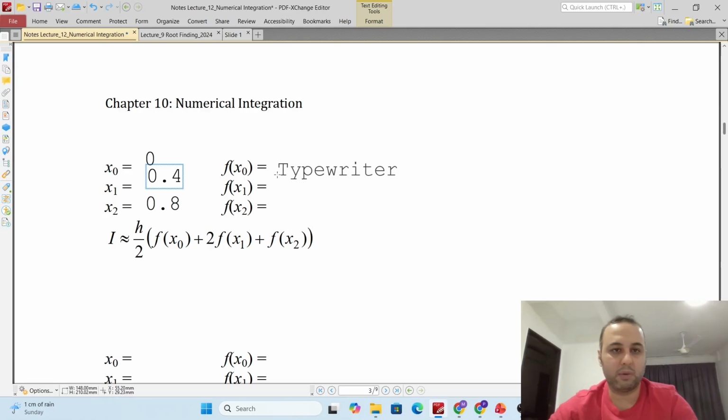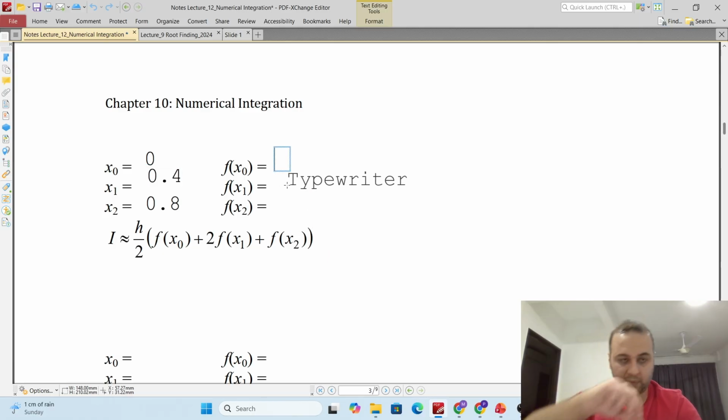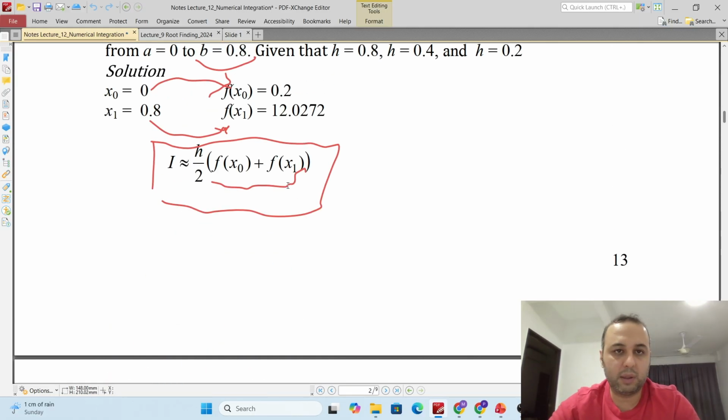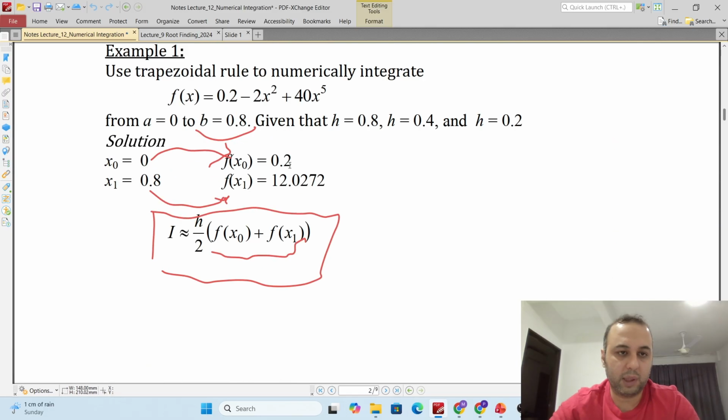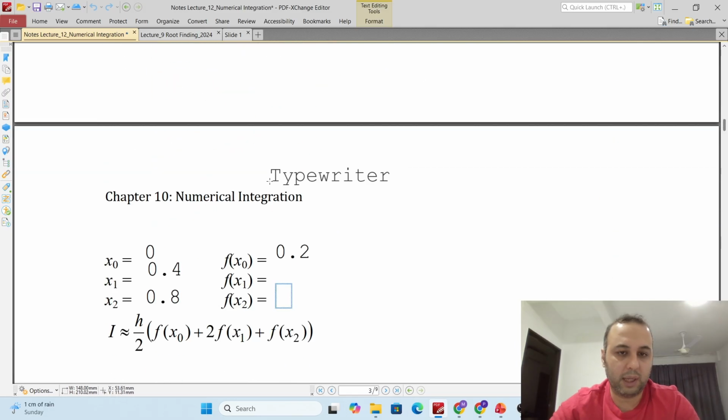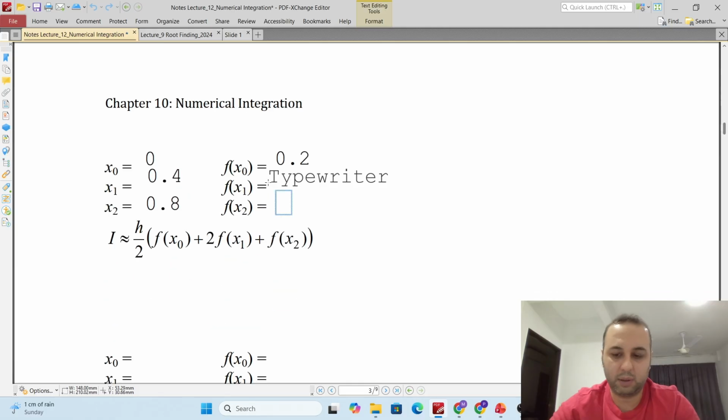The value of the function at 0 is 0.2, and at 0.8 is 0.232.